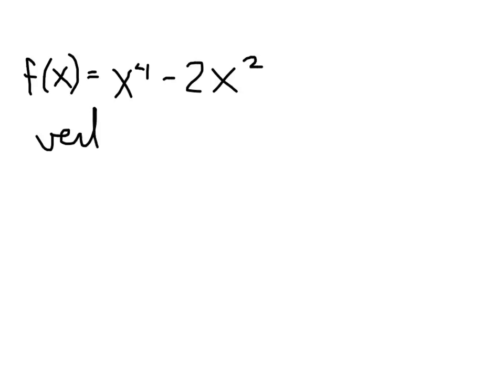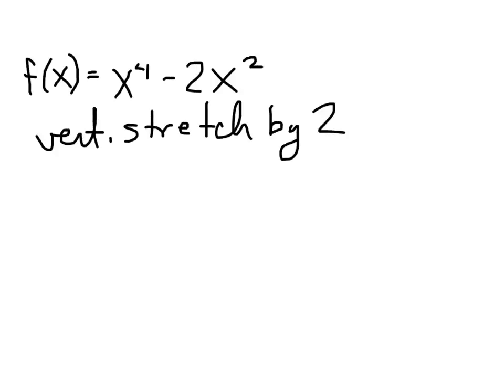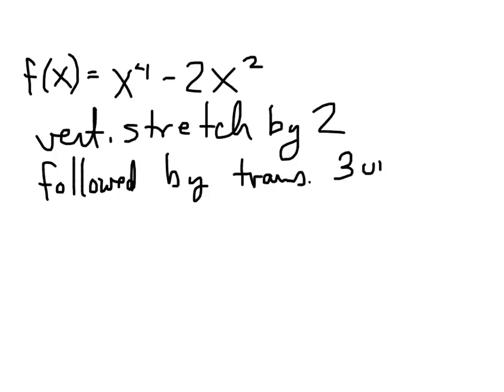It'll say words like, f of x will be x to the fourth minus 2x squared. And it will say a vertical stretch by 2 followed by a translation 3 units up.